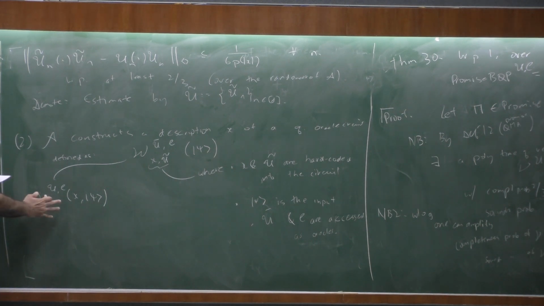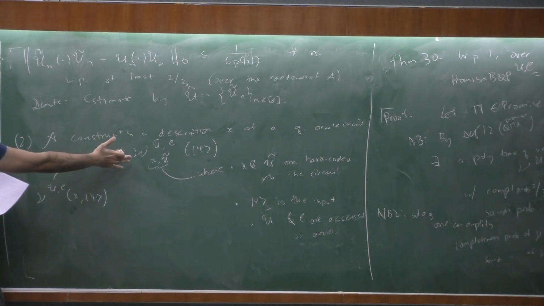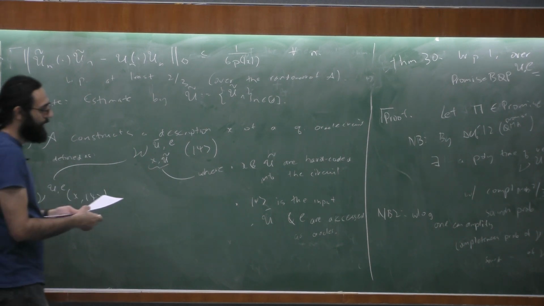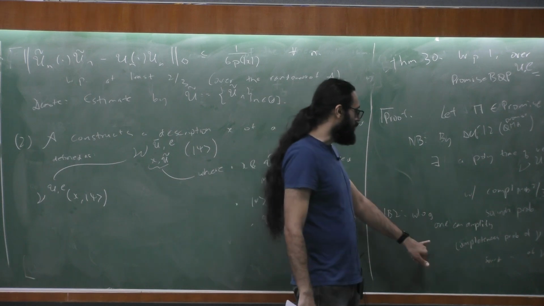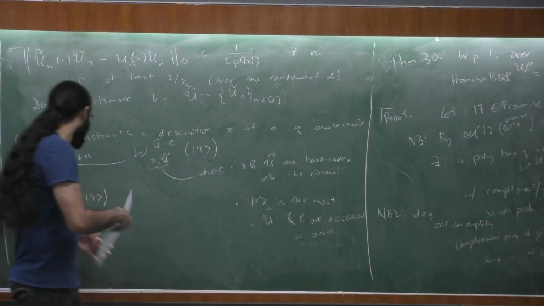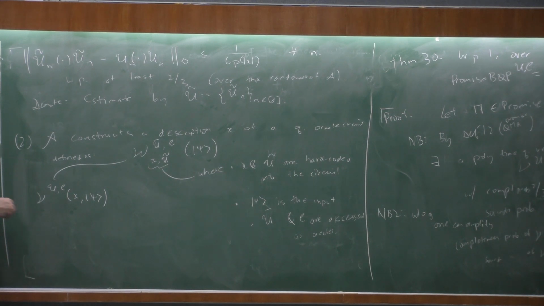Okay, so then what is the definition of this W? The definition is as follows. You take the verifier that we had here. We are assuming that there exists this verifier, and we're going to modify it.